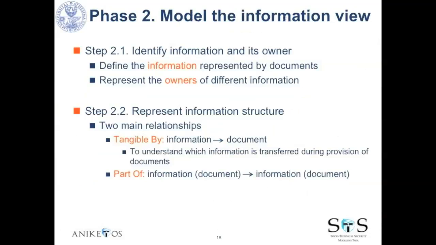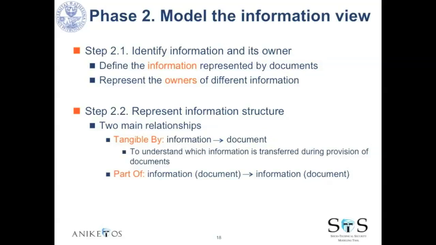now we next go to the information view, the second phase, so modeling the information view. This view was created because in the social view we have documents that actors possess, and documents they exchange with one another by means of document provisions. But it is important to know what this information is and how it is exchanged.